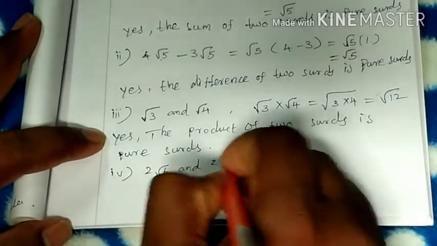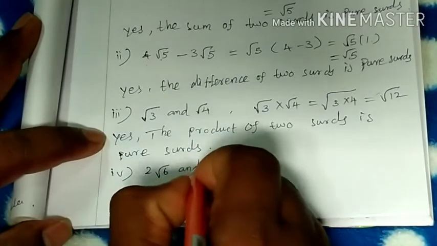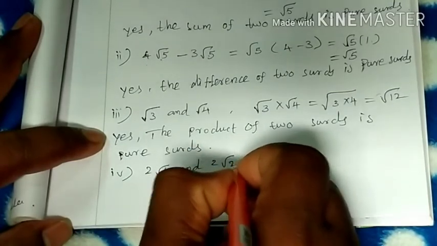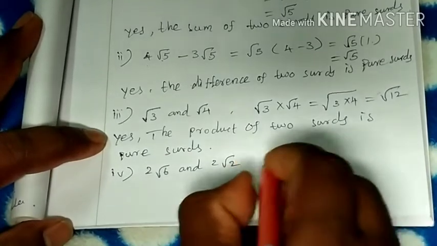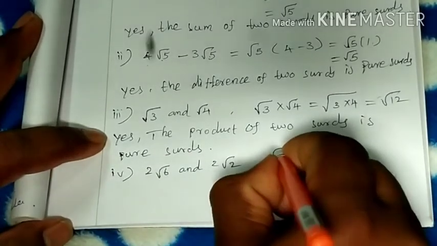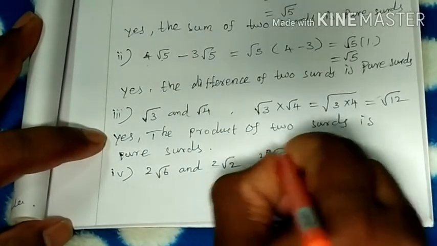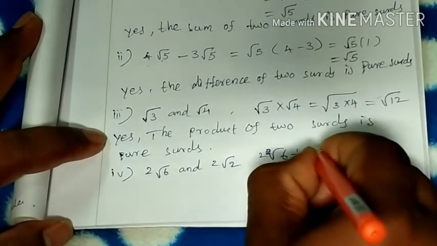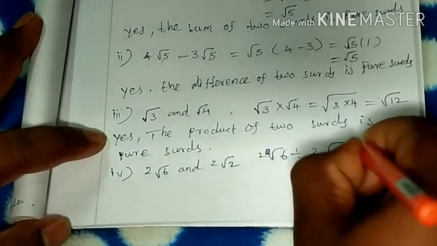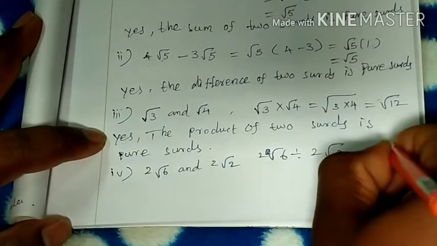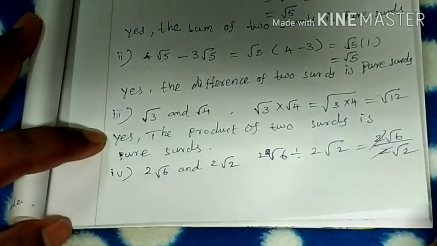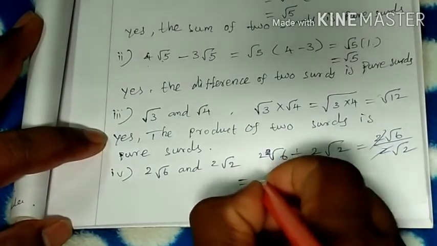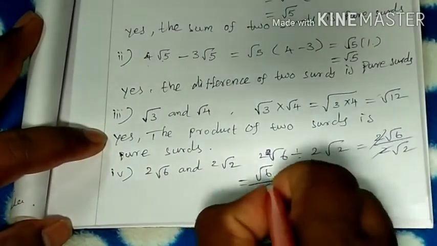The quotient is 2 into root 6 divided by 2 into root 2. The 2s are cancelled, so the remaining is root 6 divided by root 2.